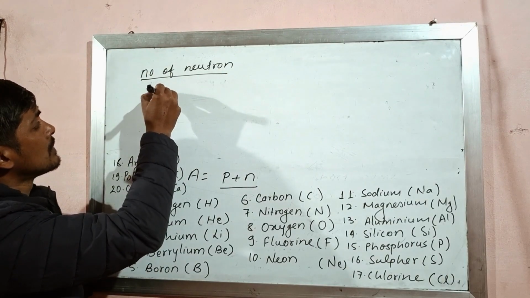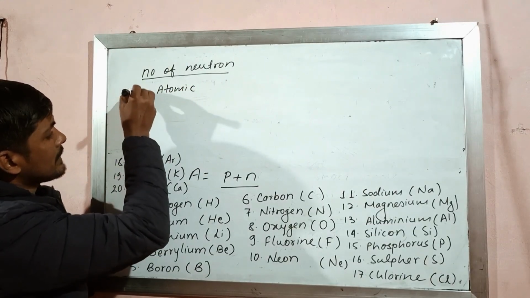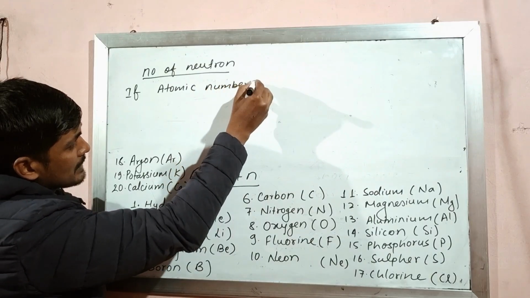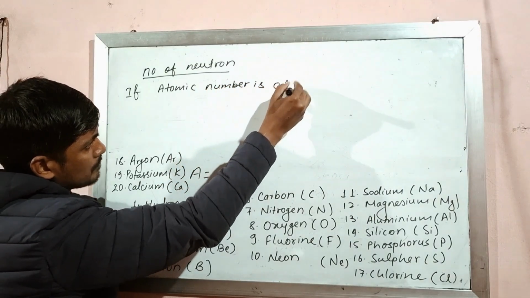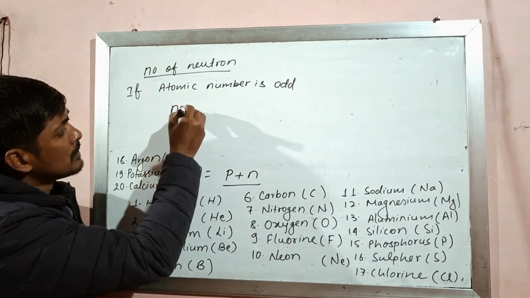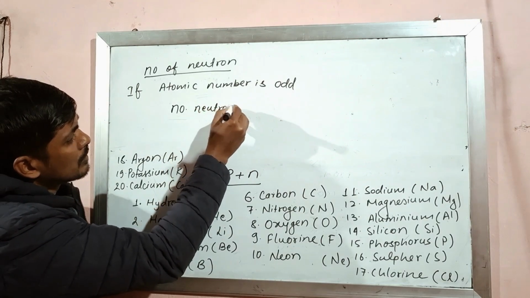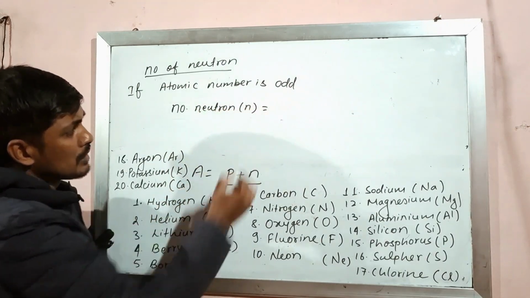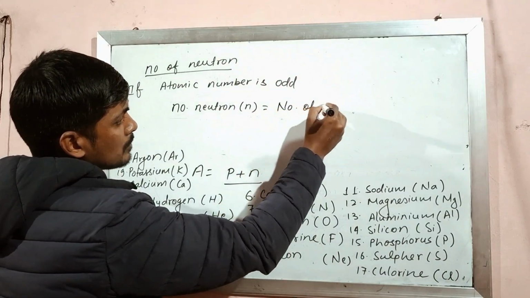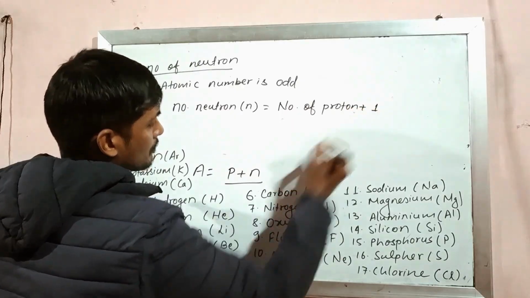If the atomic number is odd, then number of neutron n is equal to number of proton plus 1.